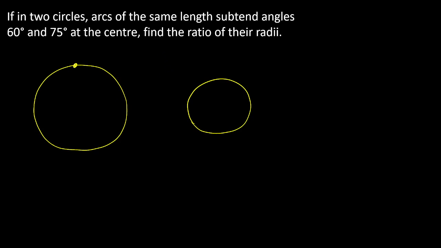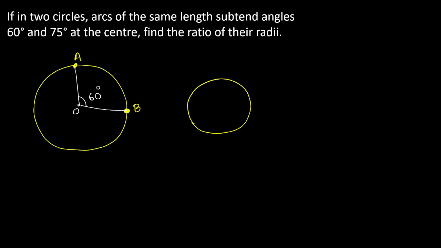Suppose here there is an arc AB. AB is an arc, and this AB subtends 60 degree at the center. This is a rough diagram. AB makes an angle of 60 degree at the center.